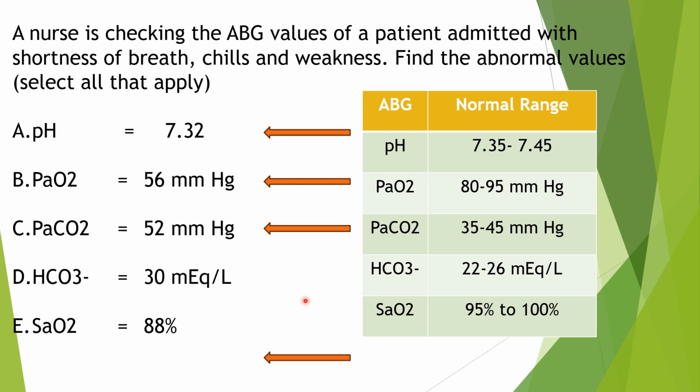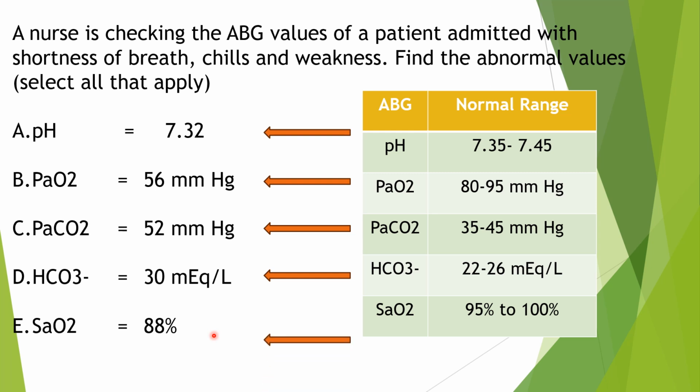That is also abnormal. And the last one, oxygen saturation. The normal value should be 95% to 100%, but here the saturation is less than 90%. So it is given 88%. If the saturation of oxygen is less than 90% in room air, at that time the patient requires oxygen.